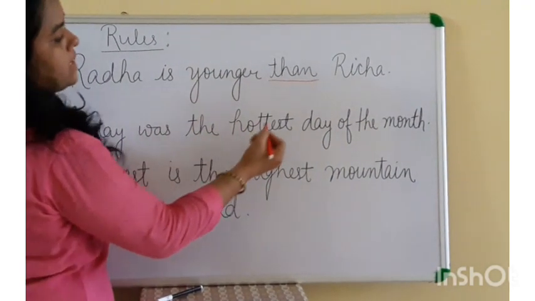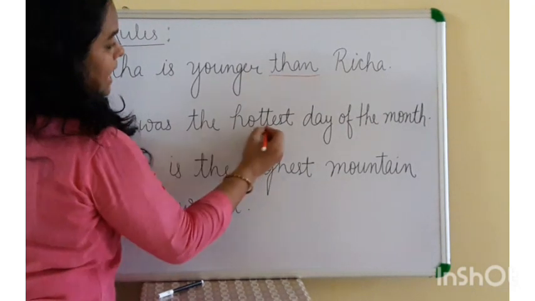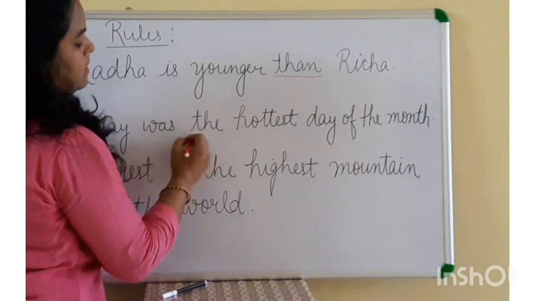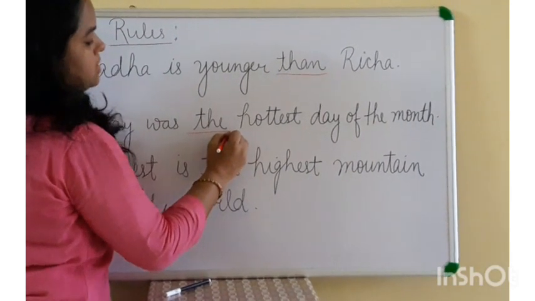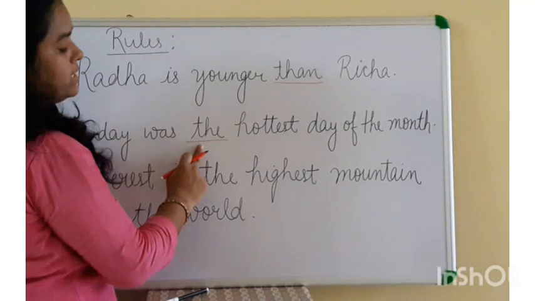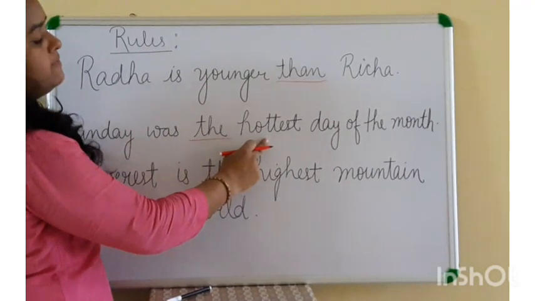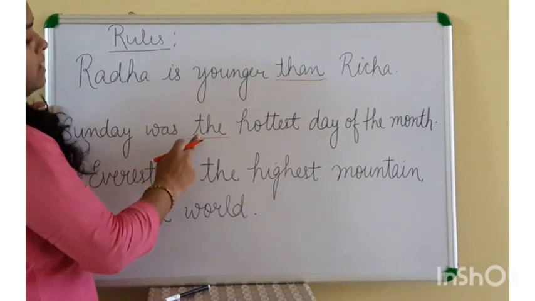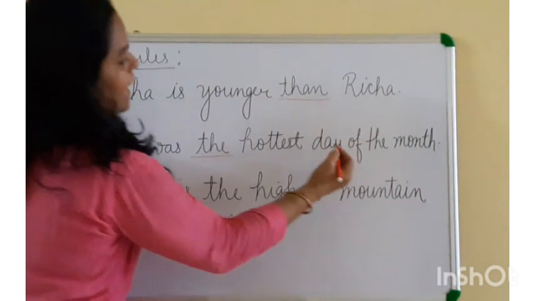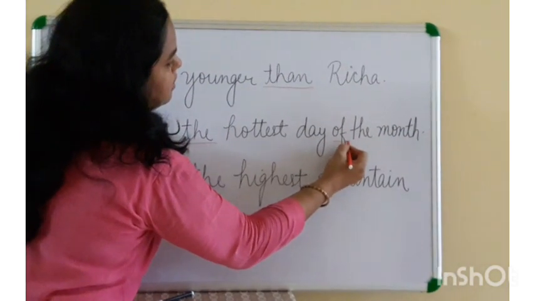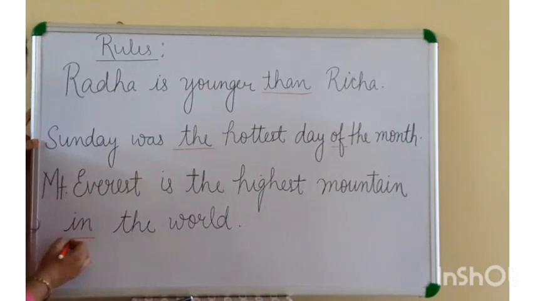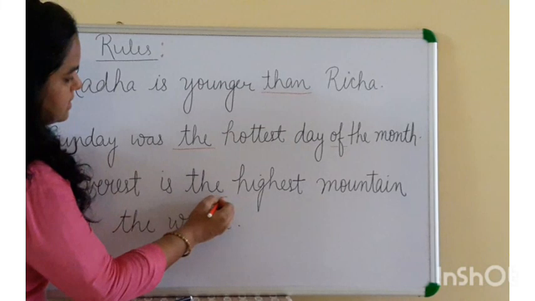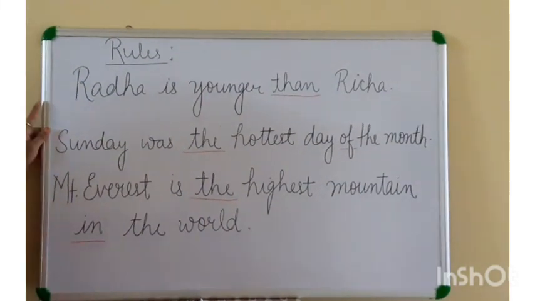Sunday was the hottest day of the month. The superlative degree is always preceded by the word the. The always comes before the superlative degree. Whenever we are adding a superlative degree to the sentence, it will be preceded by the, and of or in will come after the superlative degree. Mount Everest is the highest mountain in the world.